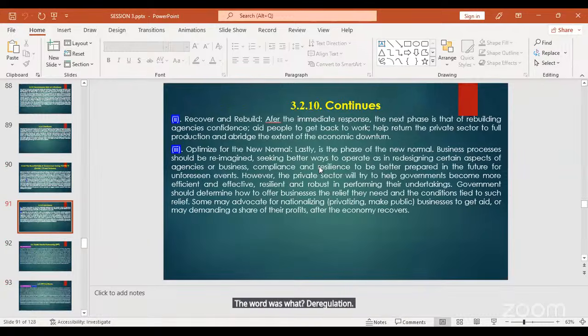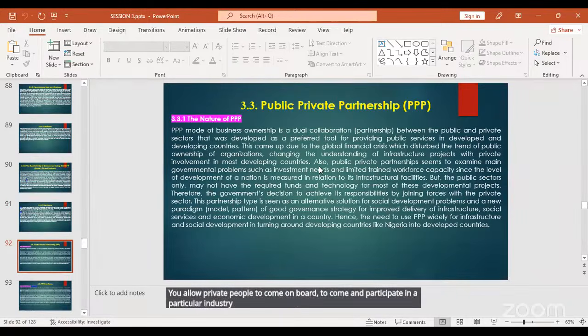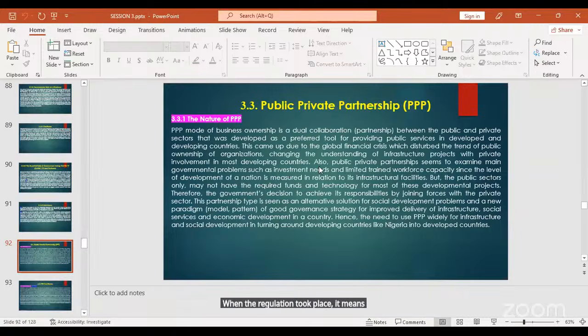Deregulation is when you allow private people to come on board, to participate in a particular industry and be competing with the government-owned one that is existing there. So when deregulation took place, it means that government now issued licenses to private individuals to also become owners, to set up their own telecommunication business.